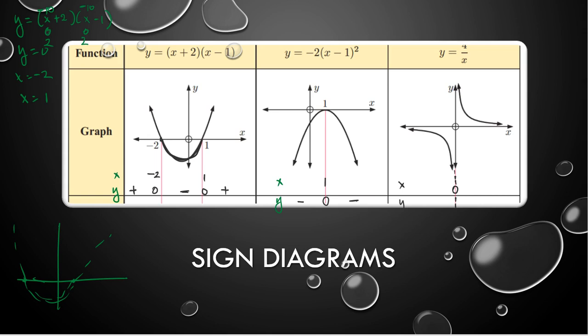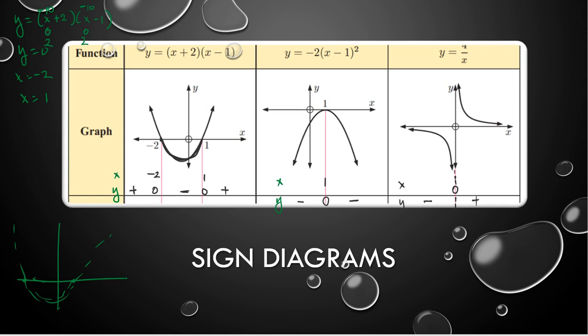That's why you put a broken line. But when x is negative, for example, we have only negative. And when x is greater than 0, we have positive. So it should look like this.